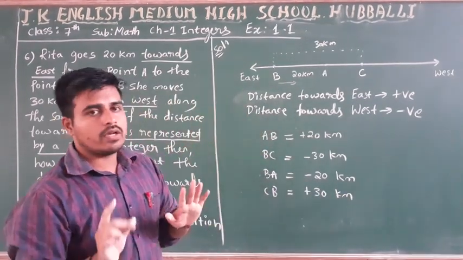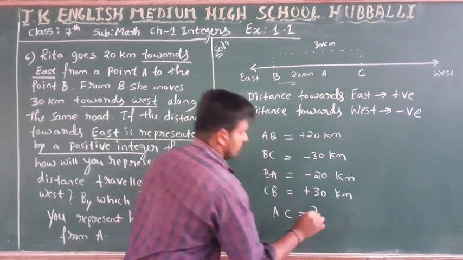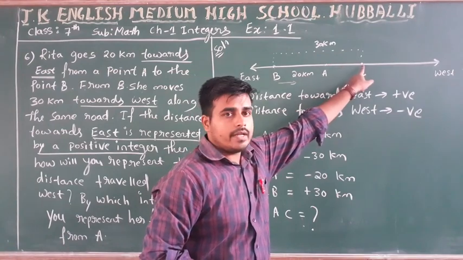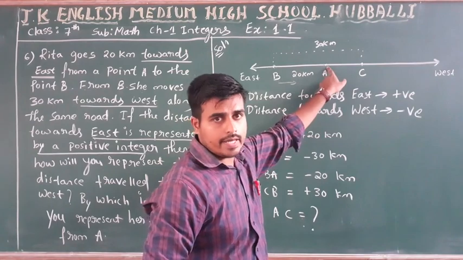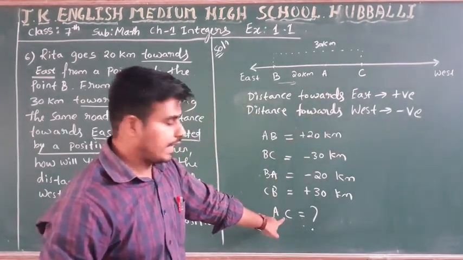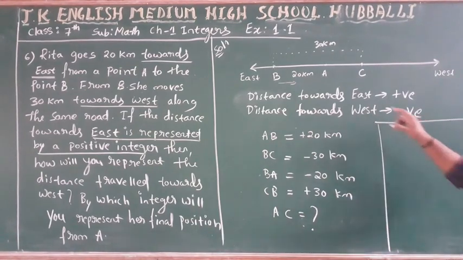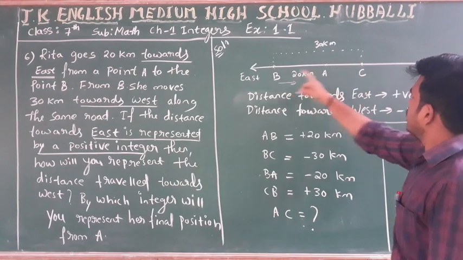And what do we need to calculate? We need to calculate AC. What is Rita's final position, that is C, from her starting point A. Therefore we need to calculate AC. AC means BC minus BA.